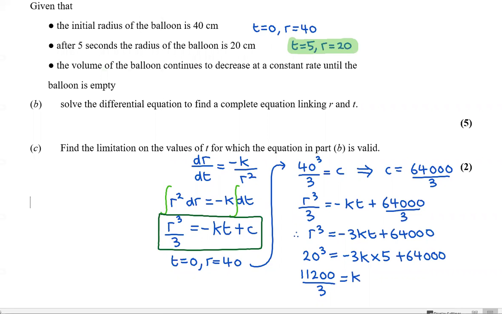So I'm going to move over to the left-hand side now. So the particular solution, which is what we wanted, is going to be as follows. r cubed is equal to, now it's going to be minus 3k. So if I times the k by negative 3, that's going to be negative 11,200 t plus 64,000.